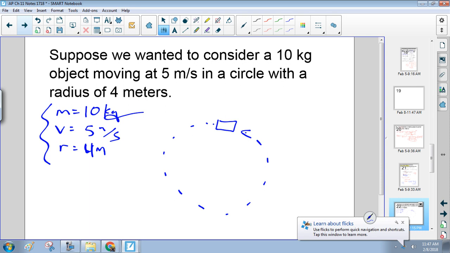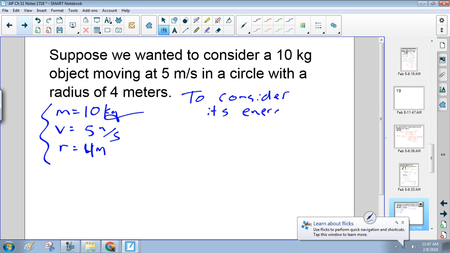So let's do this. One way you could consider this is you could say, this thing is moving. It's got kinetic energy, right? So let's figure out the kinetic energy. We'll do option 1 in red.